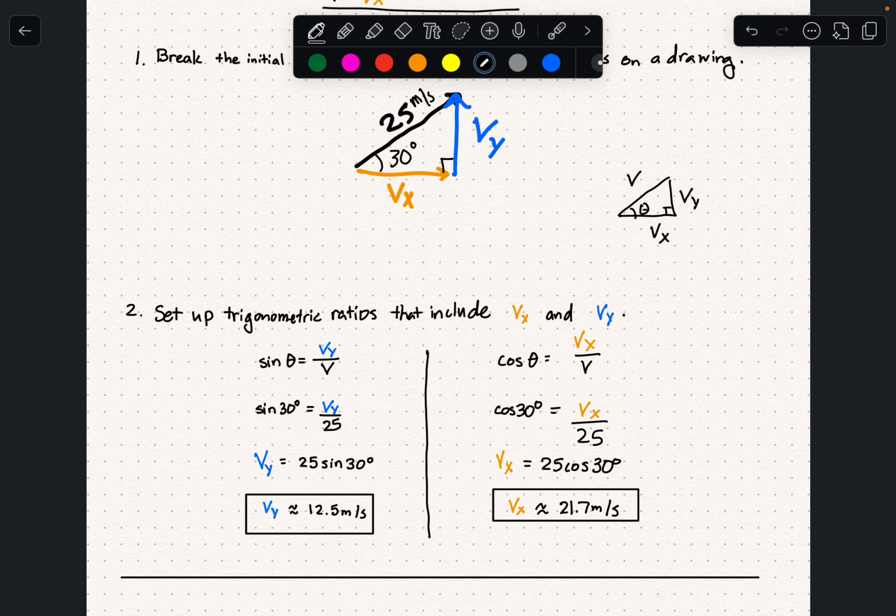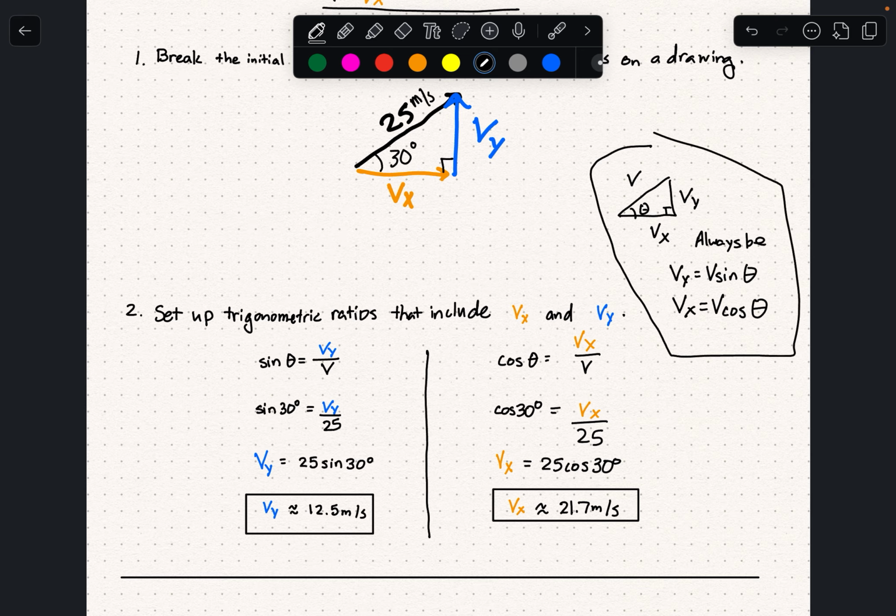So if you have this picture, that is generally true. You don't have to redo all that thinking as long as you can draw a triangle with the angle theta in the lower left corner.